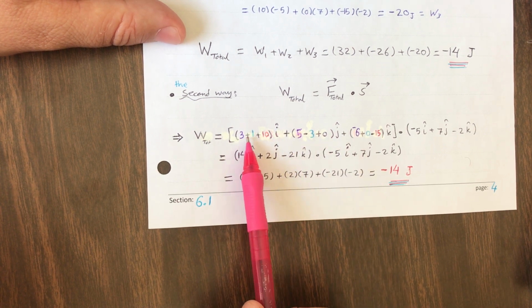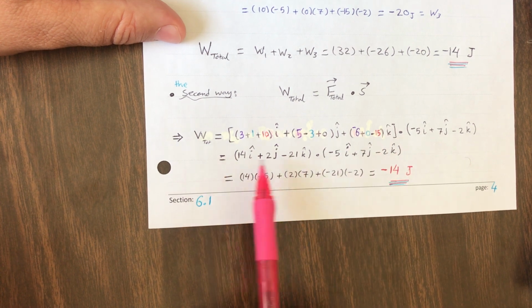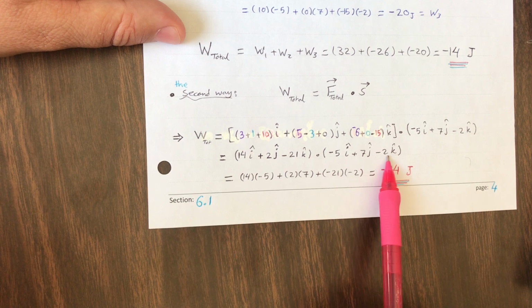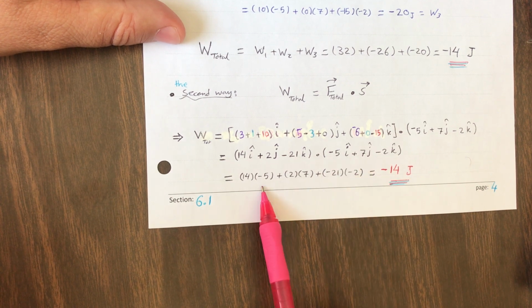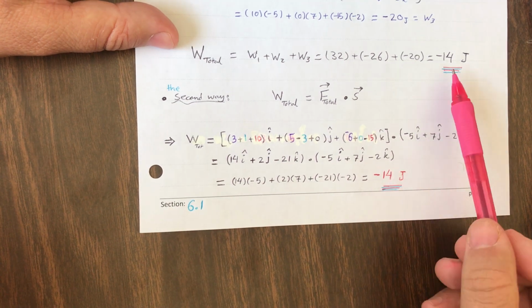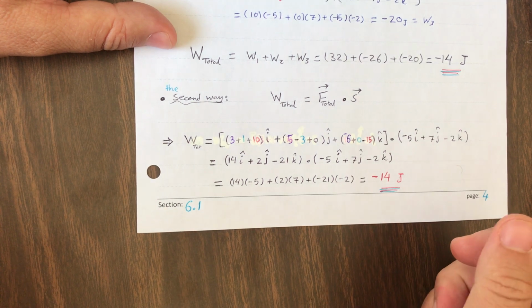We add F1 plus F2 plus F3 in the x, y, z directions. This is F total. We need to multiply it by the displacement S. Then the result is the same because it is the same system and the same work, negative 14 joules.